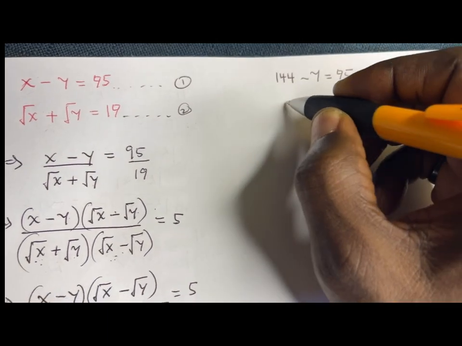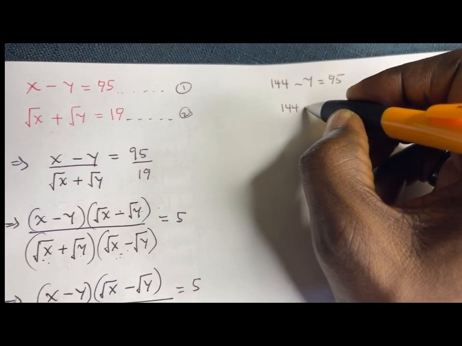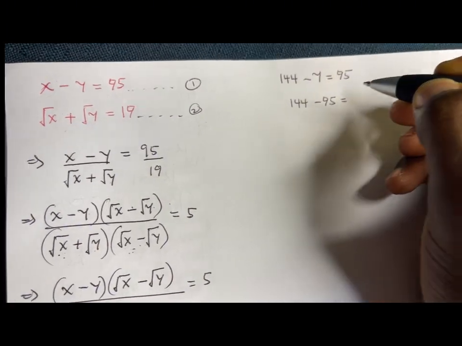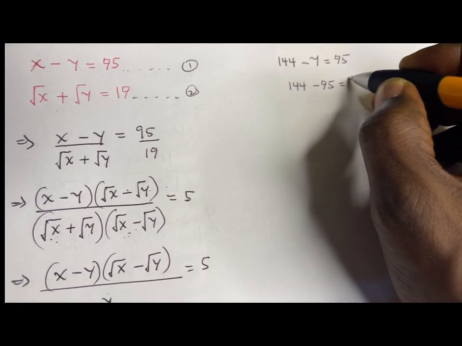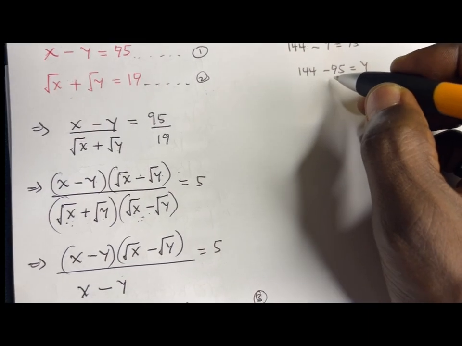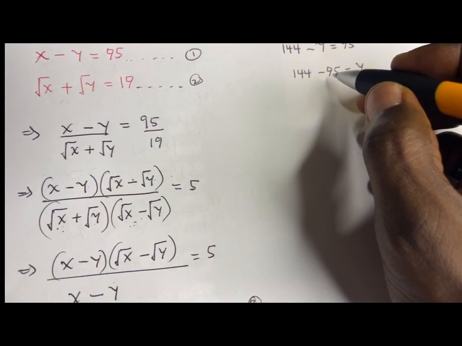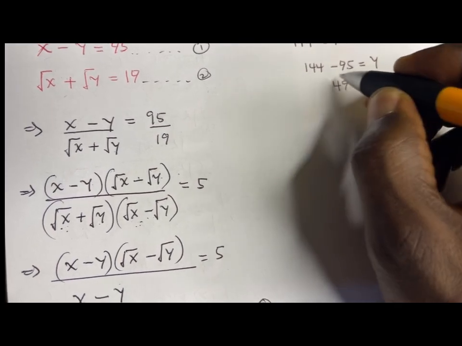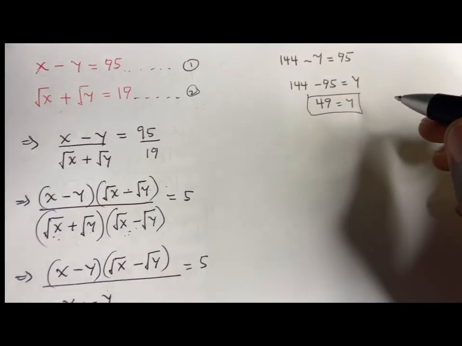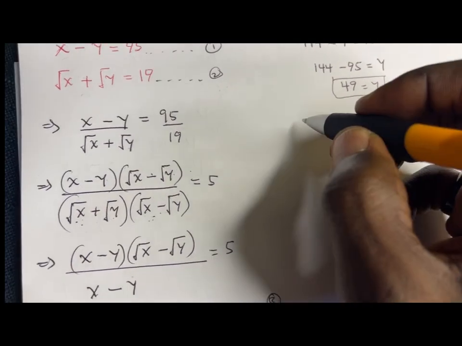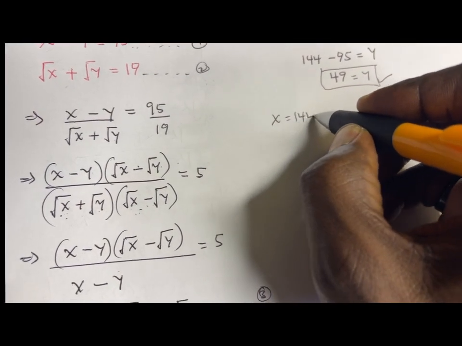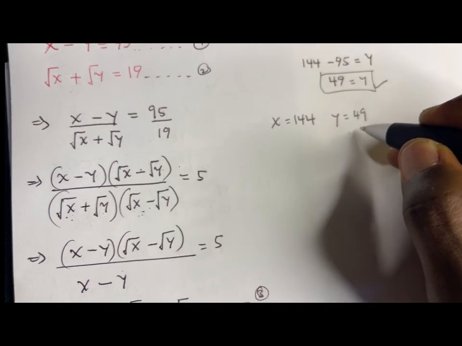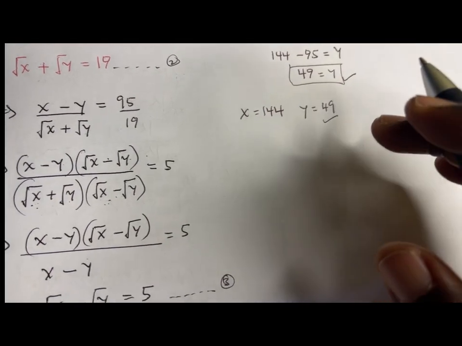So 144 minus 95 equals y, so y equals 49. So x is 144 and y is 49. Hope you understood. Thank you.